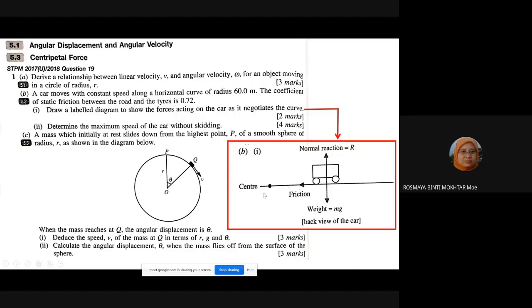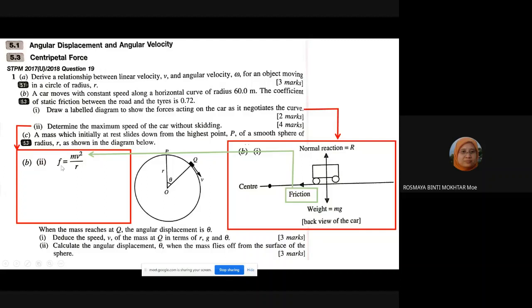For B2, the force acting along the centripetal direction is only friction. Normal reaction is vertical, so it doesn't provide the centripetal force. Weight is also perpendicular, with no horizontal component. So only friction is left. That's why we equate to friction; in other words, friction provides the centripetal force.